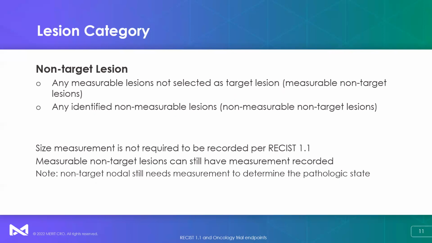Measurable non-target lesions can still have a measurement recorded as optional. Also, as a special note, non-target nodal lesions still need a measurement to determine the pathologic state. If they are between 10 and 15 millimeters, they would still fall under the pathologic state, and any non-target nodal lesions becoming smaller than 10 millimeters would be non-pathologic.